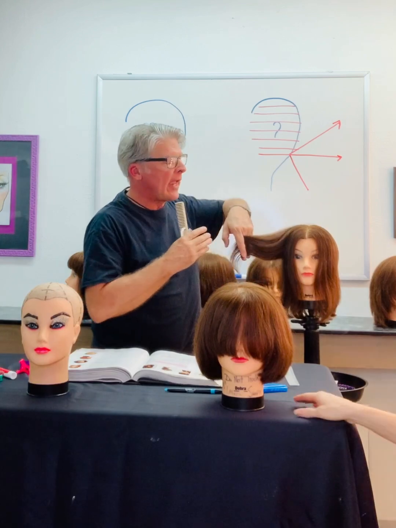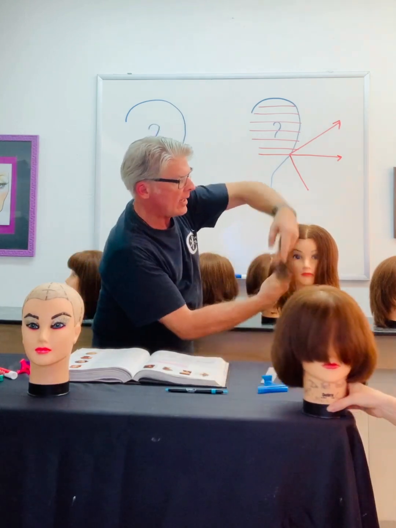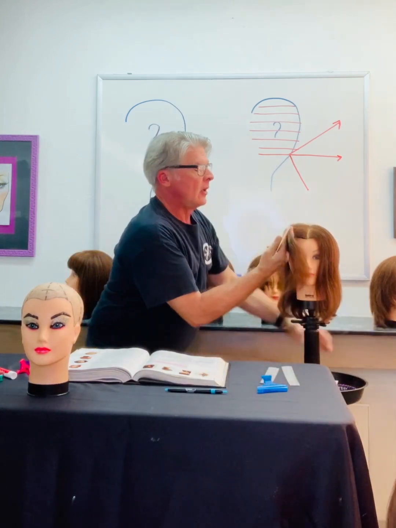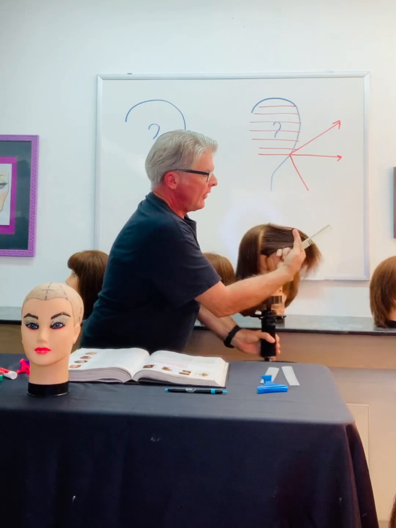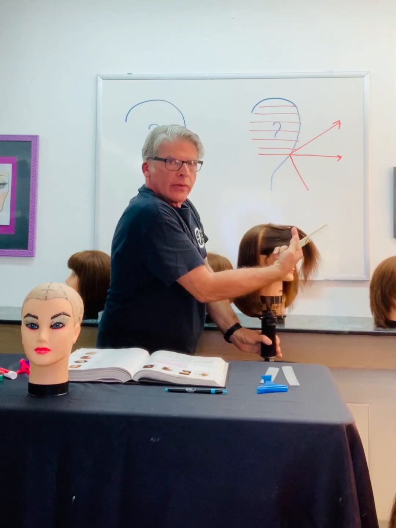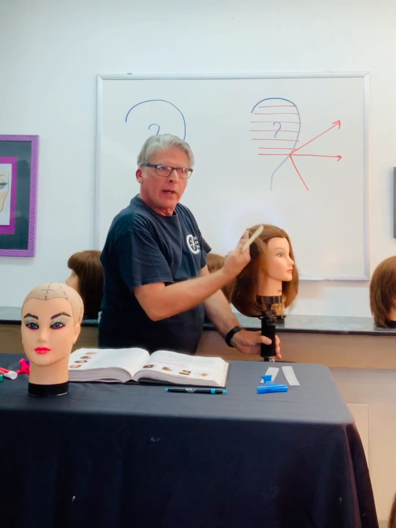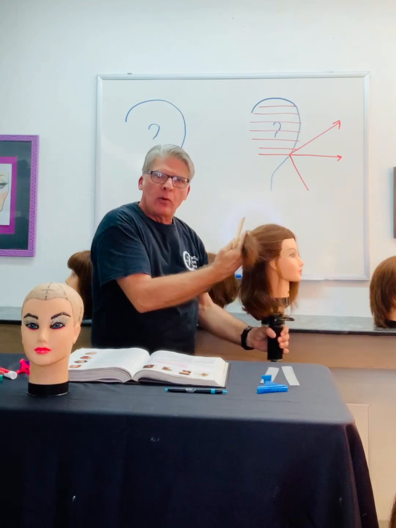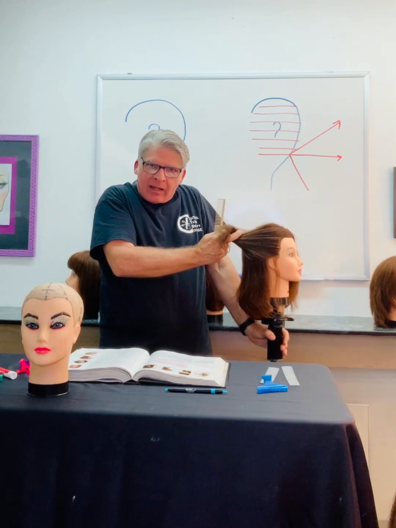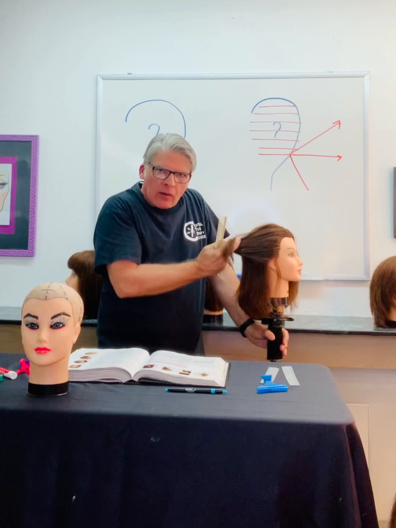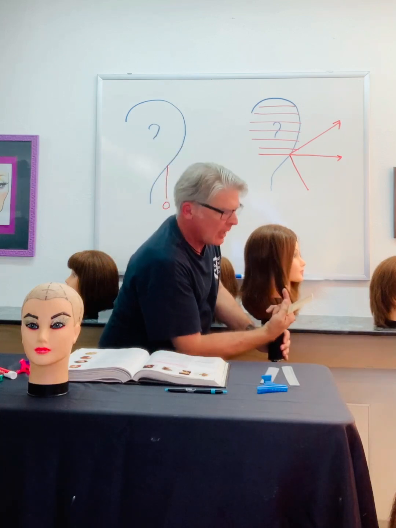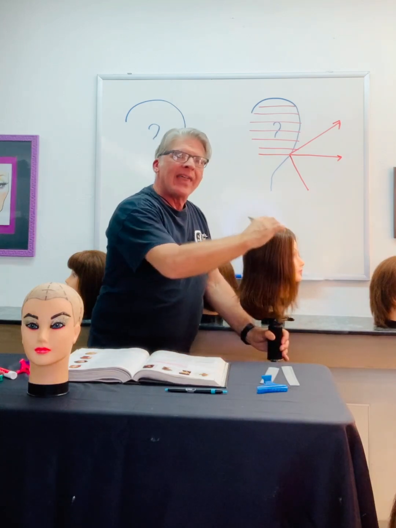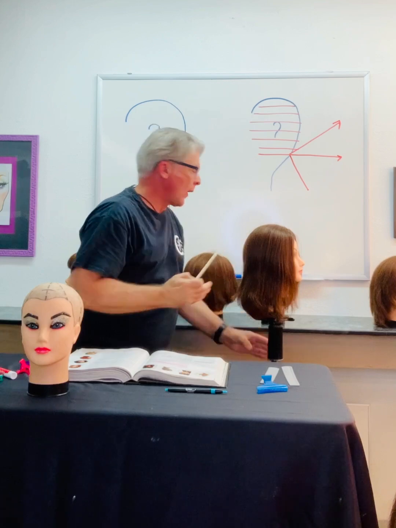So if I pull the hair forward, my hair in the front of the head will be shorter. This hair will be longer. When the hair falls, it will wing back. If I pull this hair back and cut it, it's going to fall shorter in the back, longer in the front. That's the principle of overdirection.